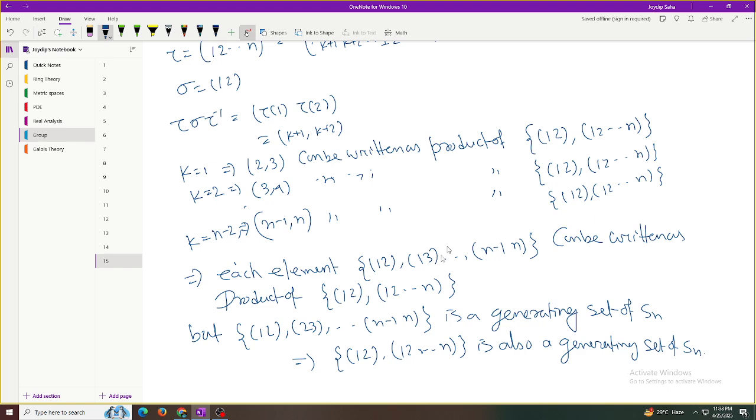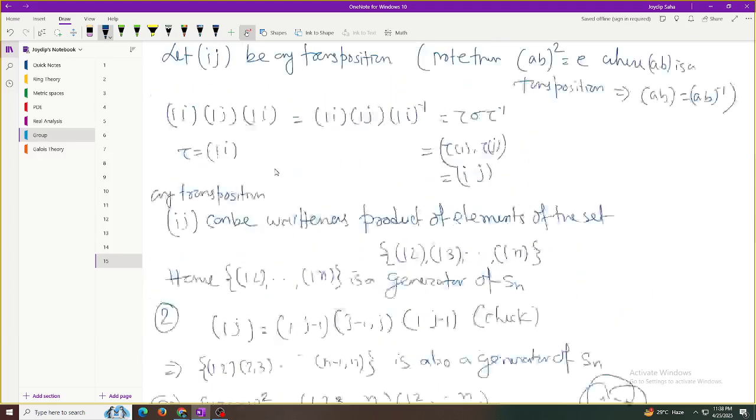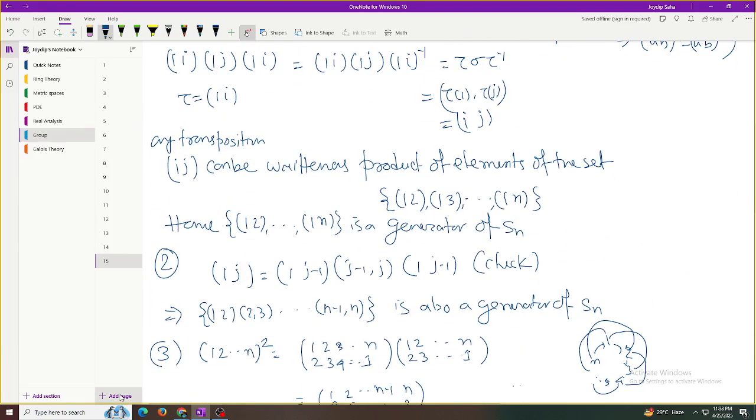Next, what about An, the alternating group? Okay, what about An?